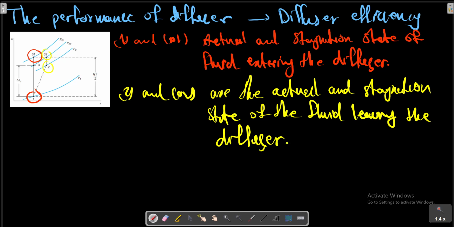State 3 is not attained in the diffuser, but is the state that has the same entropy as the initial state and the pressure of the isentropic stagnation state leaving the diffuser.